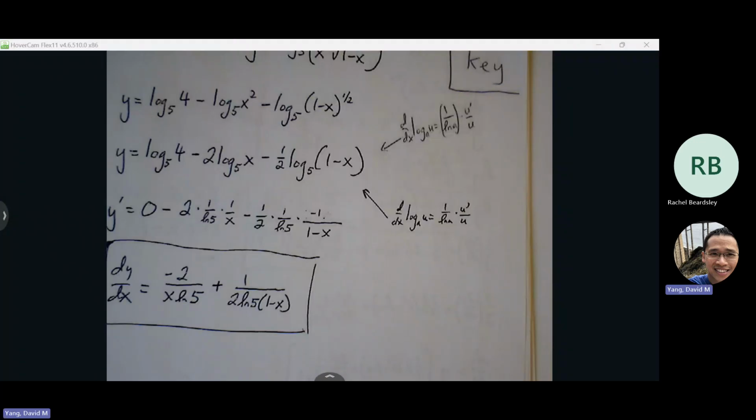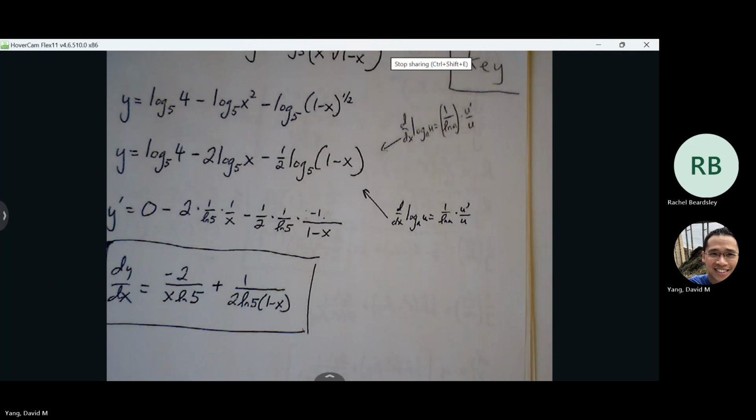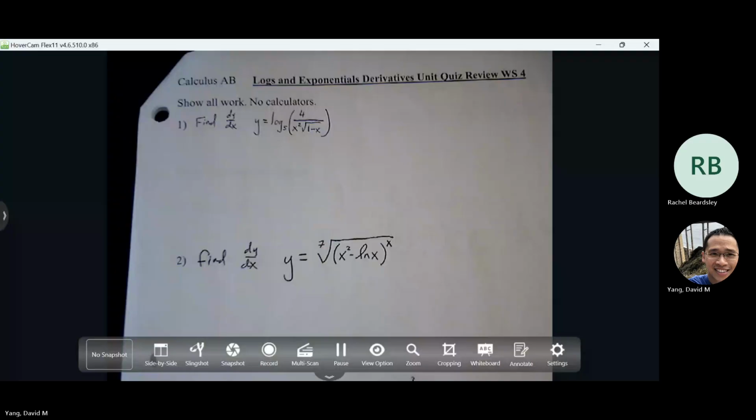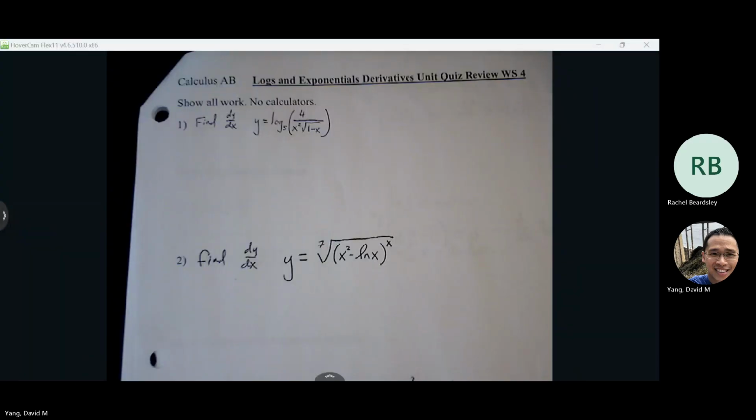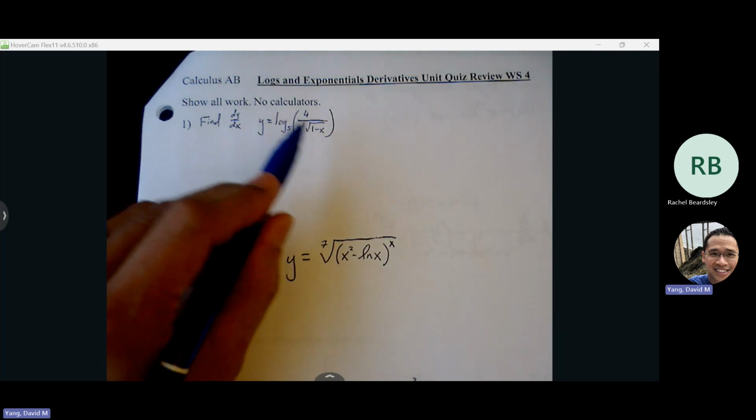Okay, so number one, worksheet 4. Okay, so we start off with expansion.